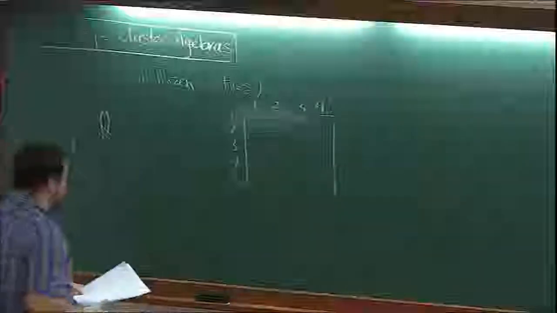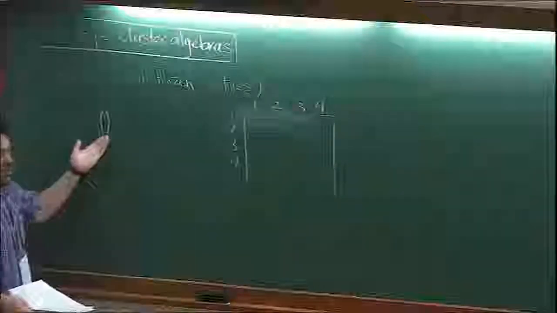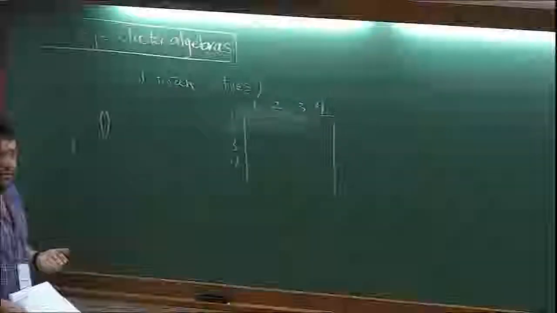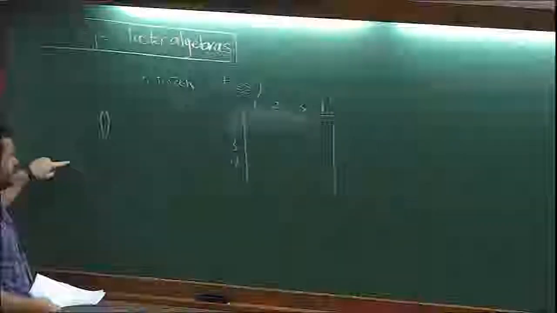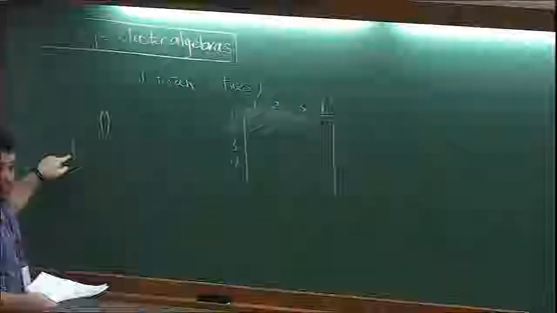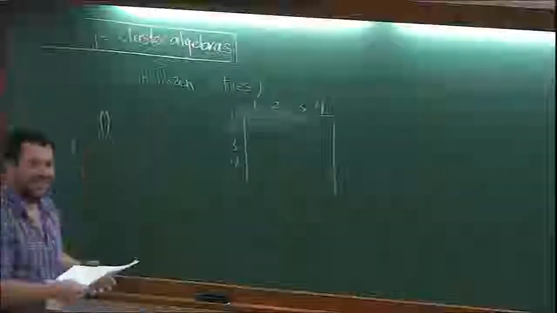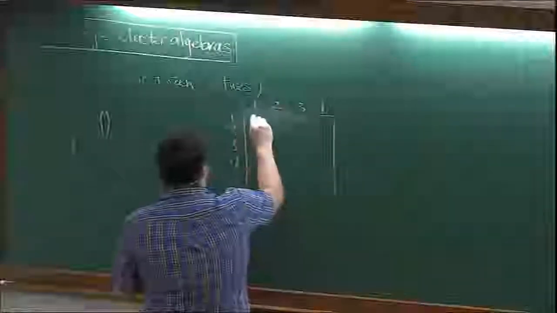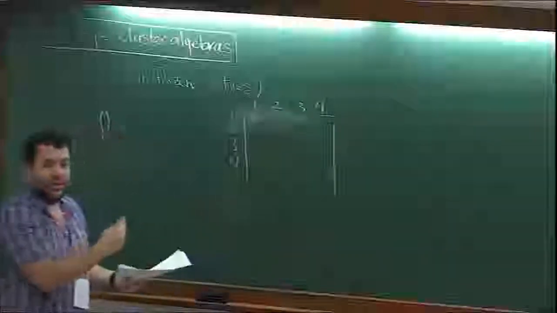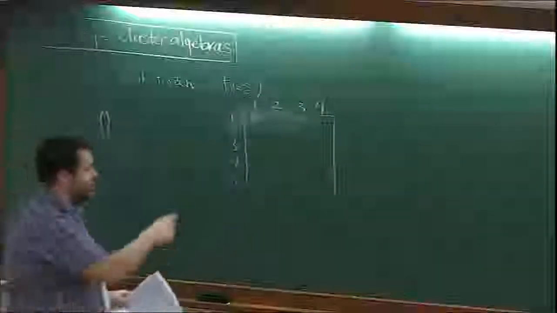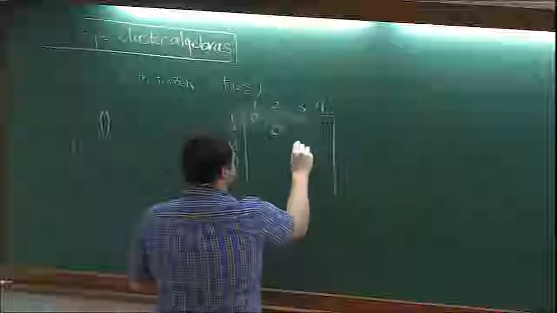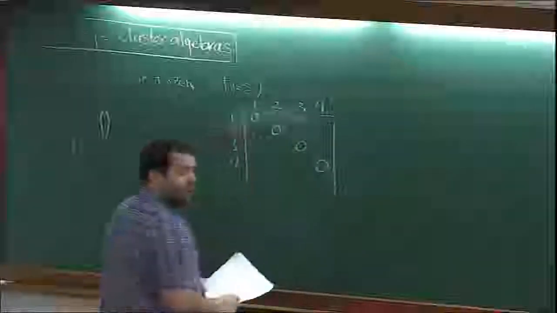Now the adjacency matrix just keeps track of these arrows. There are no loops in my quivers, so there will never be an arrow from a vertex to itself. So I'll have zeros from 1 to 1, 2 to 2, 3 to 3, 4 to 4.